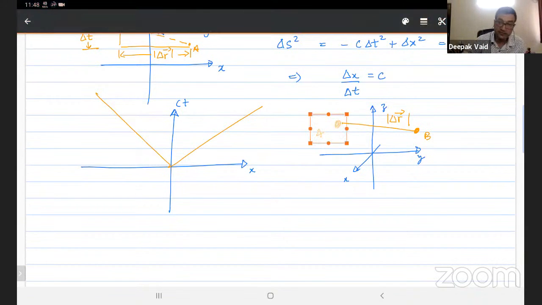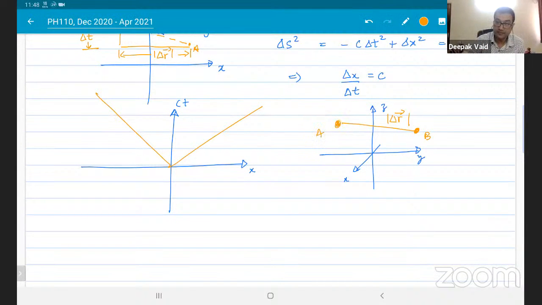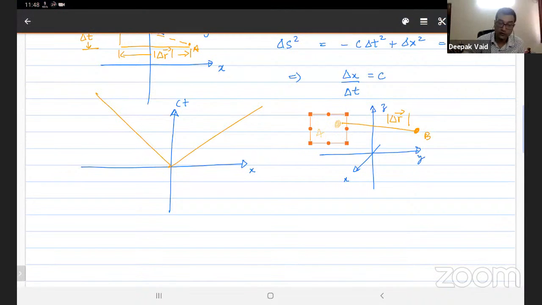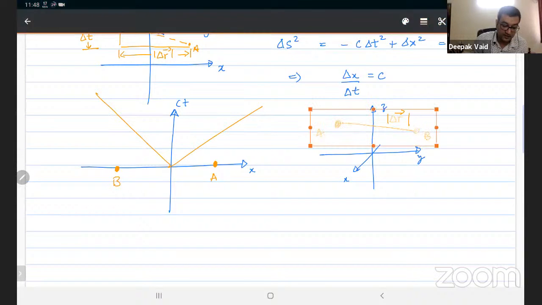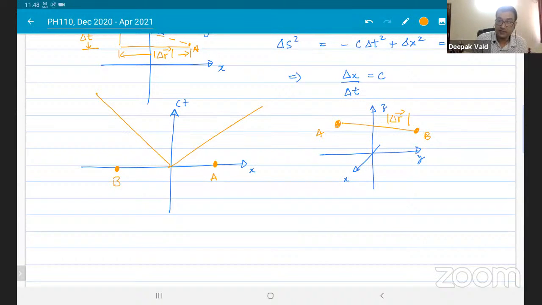So when you look at the same point from the space-time perspective, this point is not a point anymore. It becomes a line. So now you have this A and this B. When I look at this picture, I say that this A and B exist at the same time.